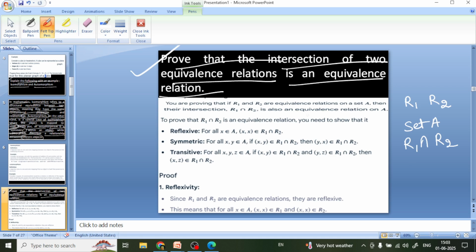In reflexive, you should keep in mind that for all x belonging to set A, (x, x) belongs to R1 intersection R2.